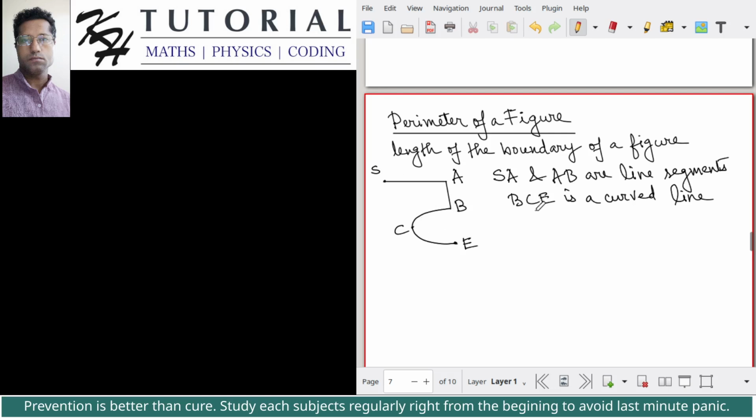So the perimeter, which we denote with the letter P, of this figure will be the length of the line segment SA plus the length of the line segment AB plus the length of the curved line BCE. As you know, in a figure, some part could be curved and some part could be straight.